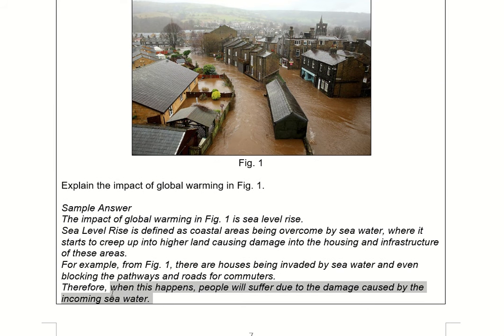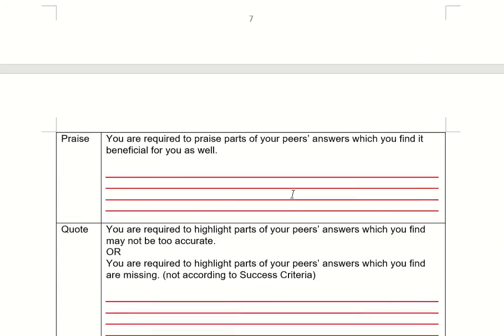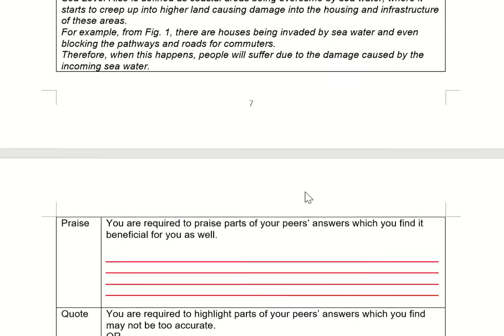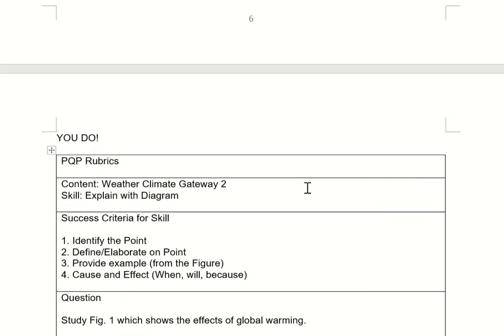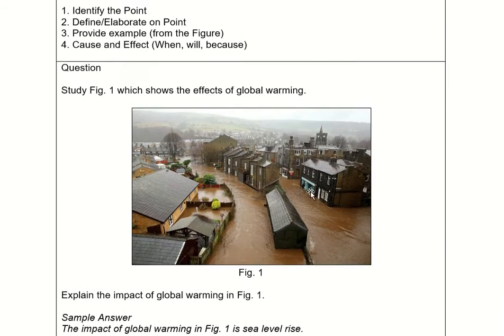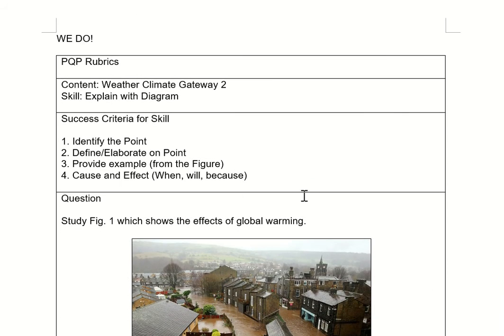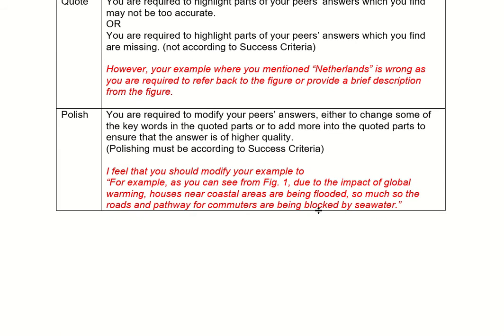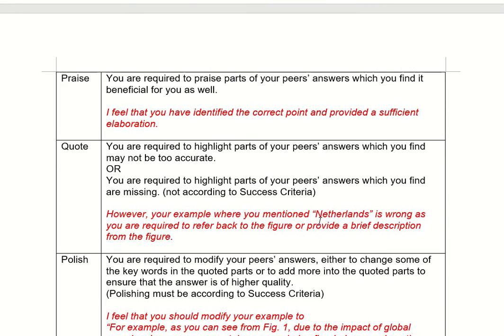Now the problem is the outcome statement or the cause and effect statement, and this is where they do it themselves. I feel that this GRR for PQP is important so that they can try out what PQP is before they attempt to do this PQP on their friend's assignment.